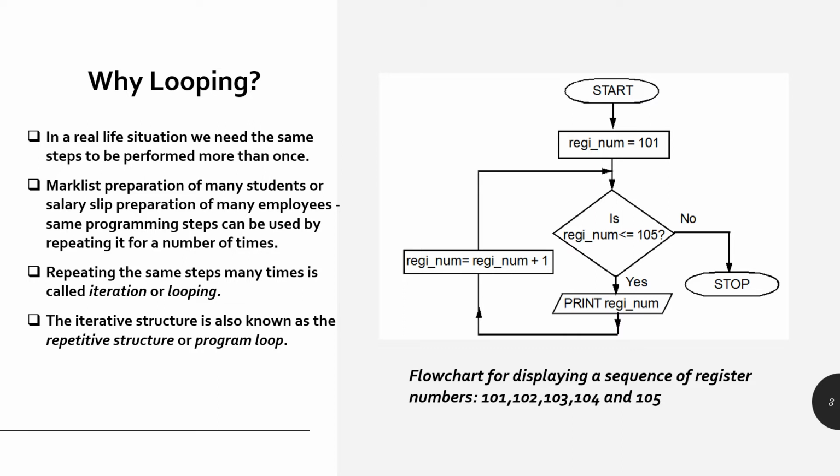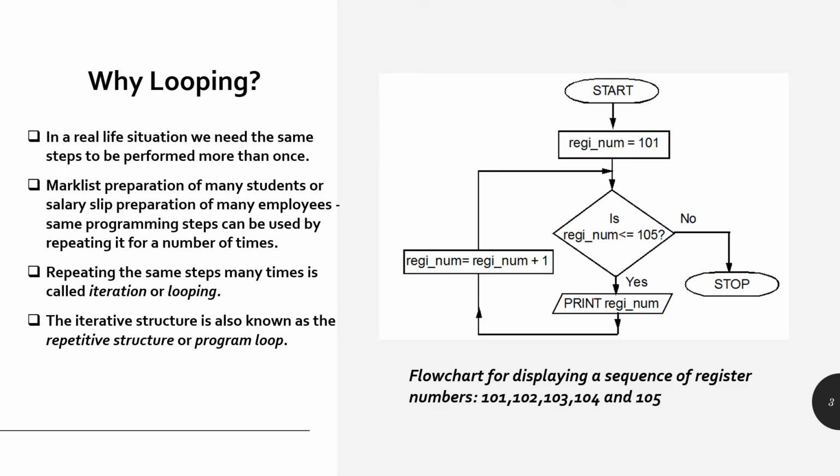Once the initialization is done, we need to check the condition. So when the loop should exit, that should be specified. Here the register number is initially assigned as 101, so it should start from 101.